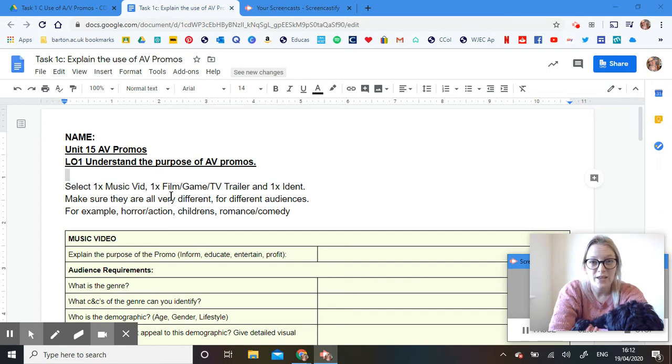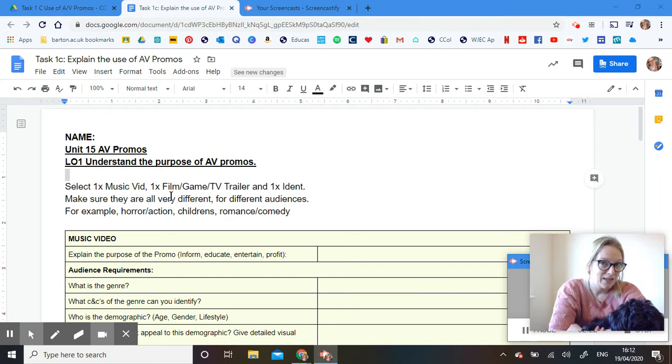Think about making one of these products that you select something more for kids or something for an older audience, and think about different gendered audiences. So please make sure that your 3 products that you select are all for different audiences.